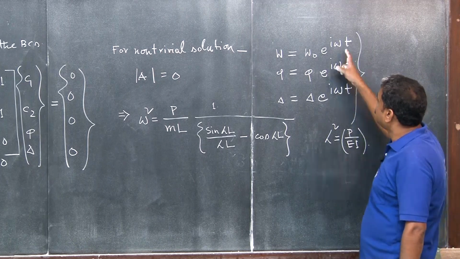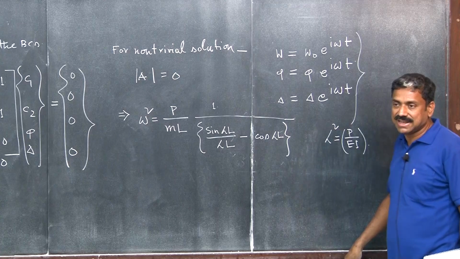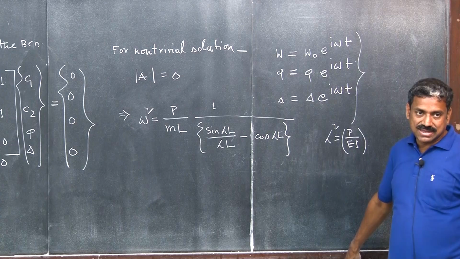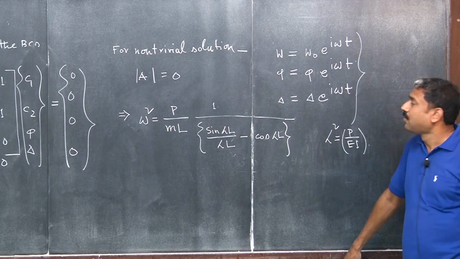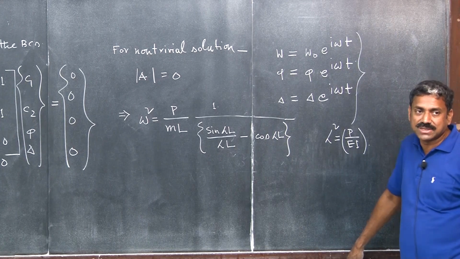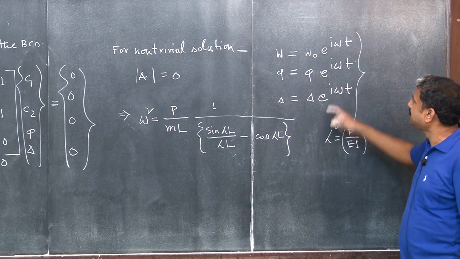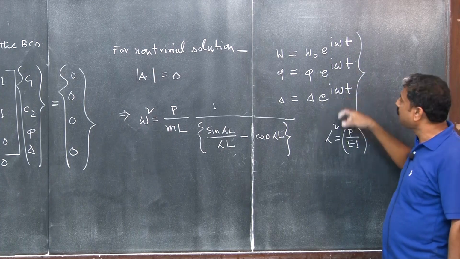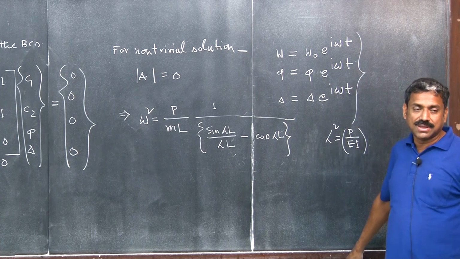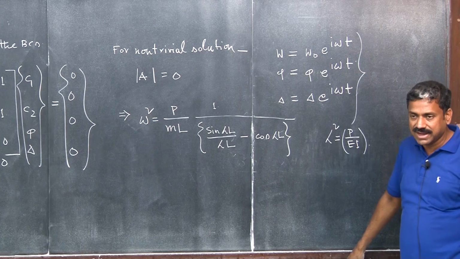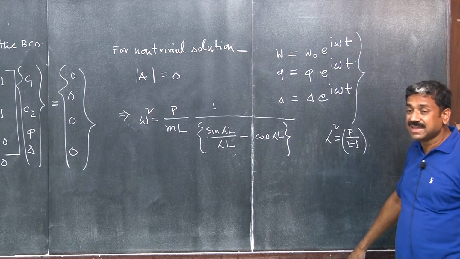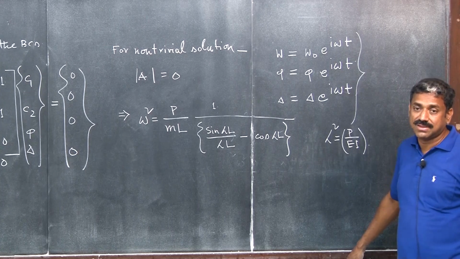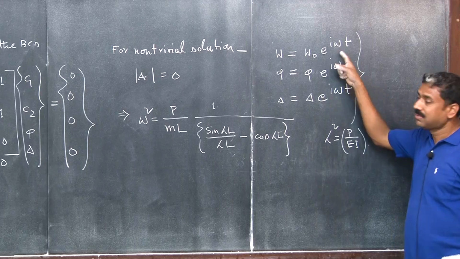As soon as omega is real and positive, it doesn't really matter. As soon as it is real, it will give you the periodic solution, and a periodic solution means it is stable, right? But if omega square is negative, that means omega becomes imaginary, then what will happen?